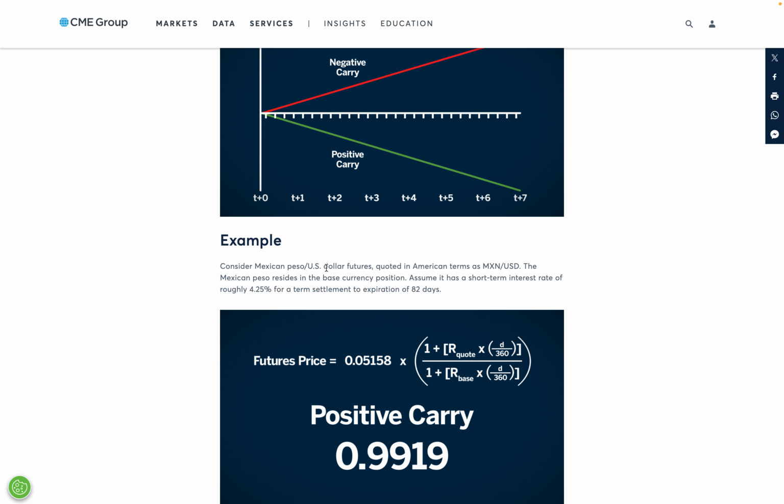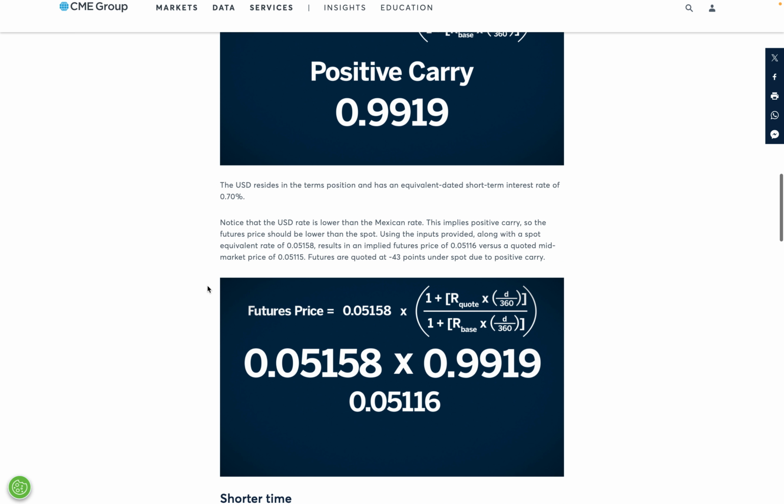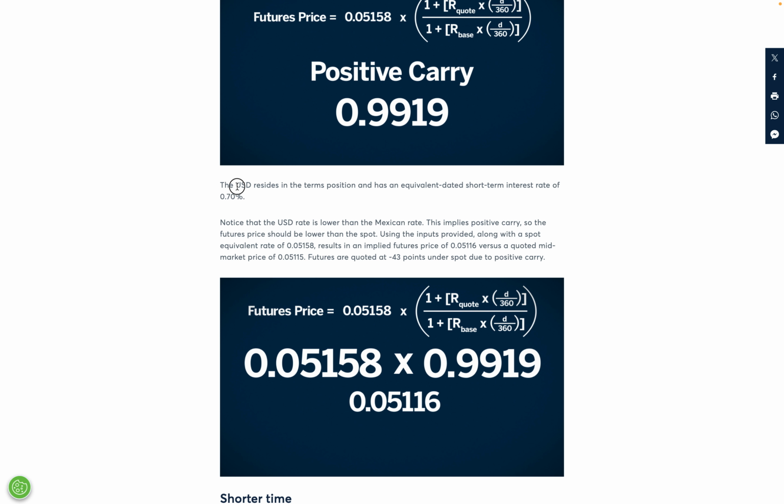Consider Mexican pesos, US dollar, quoted in American terms as MXN USD. The Mexican pesos resides in a base currency position. Assume that the short-term interest rate of 4.25 and 82 days to expiration, and then the US short-term interest rate of 0.70.